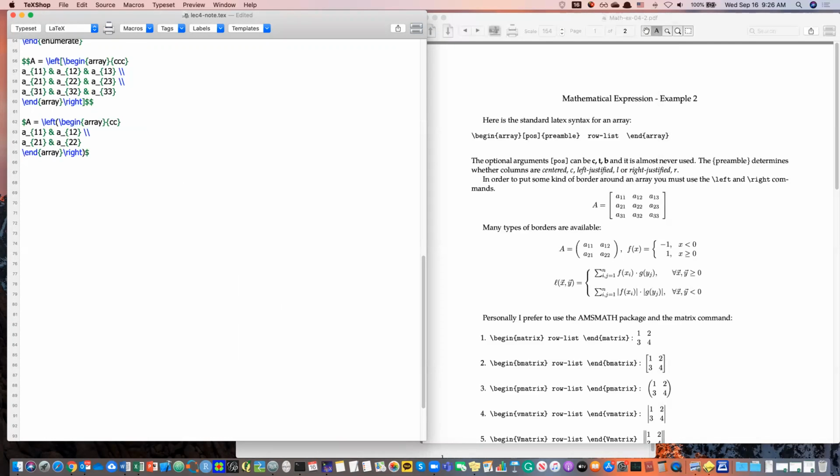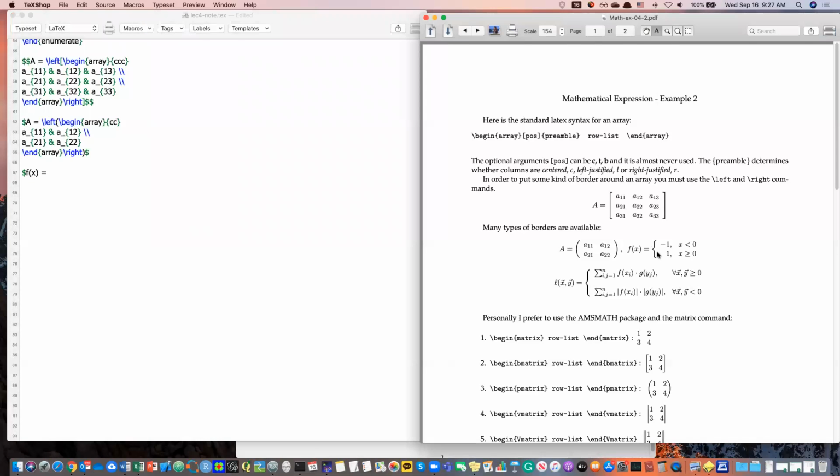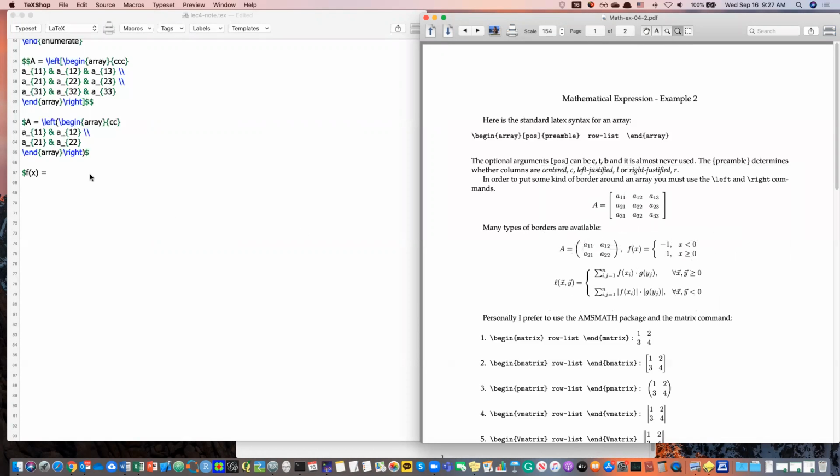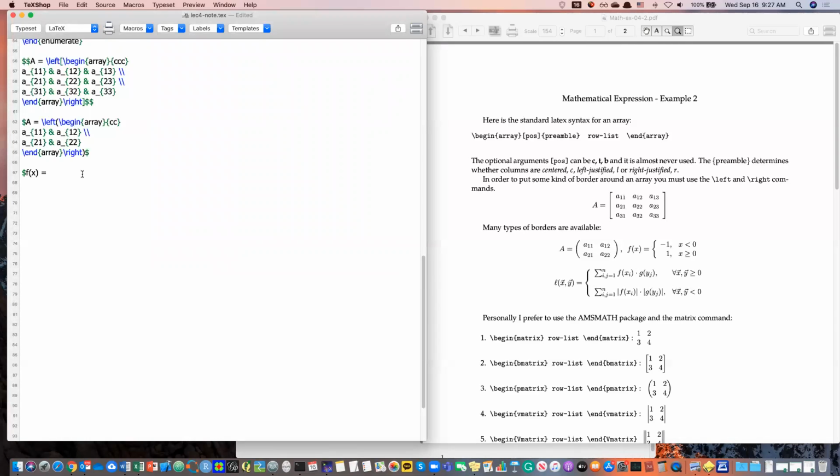Okay, so what about the piecewise function? f of x is equal to. There are several ways to replicate this one, but let me show you two ways to do that. The first one is using array.